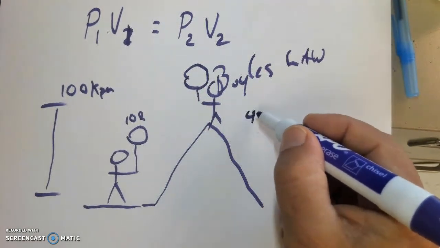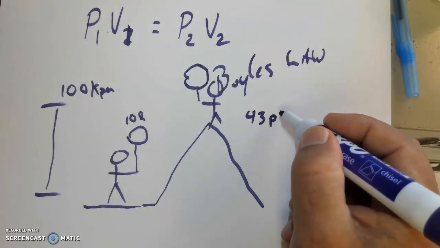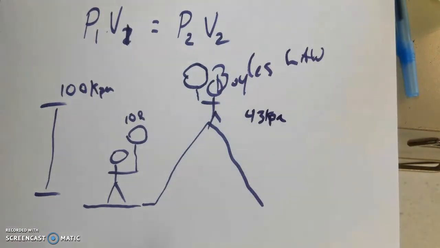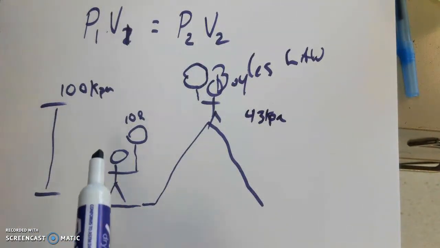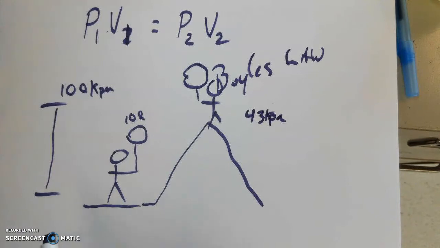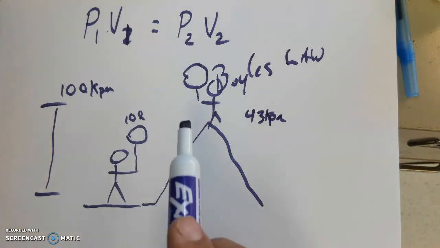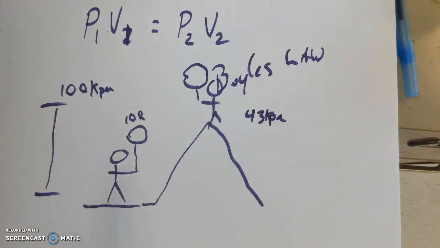Now he's at 43 kilopascals of pressure. So down at sea level at 100 kilopascals, he's got a 10-liter balloon. What's going to be the volume of his balloon at 43 kilopascals of pressure?